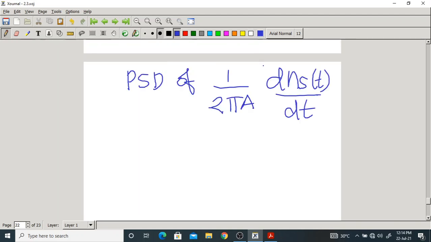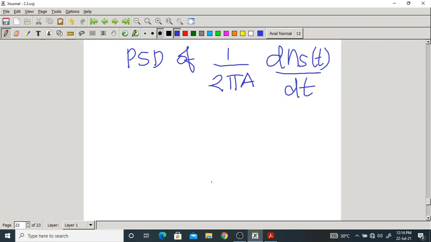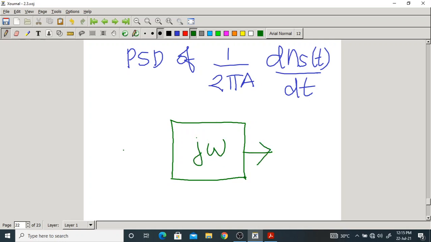So differentiation in time domain is nothing but passing that signal through a system with transfer function j omega. We are taking a system with a transfer function j omega and passing that signal through this system. That's the meaning.